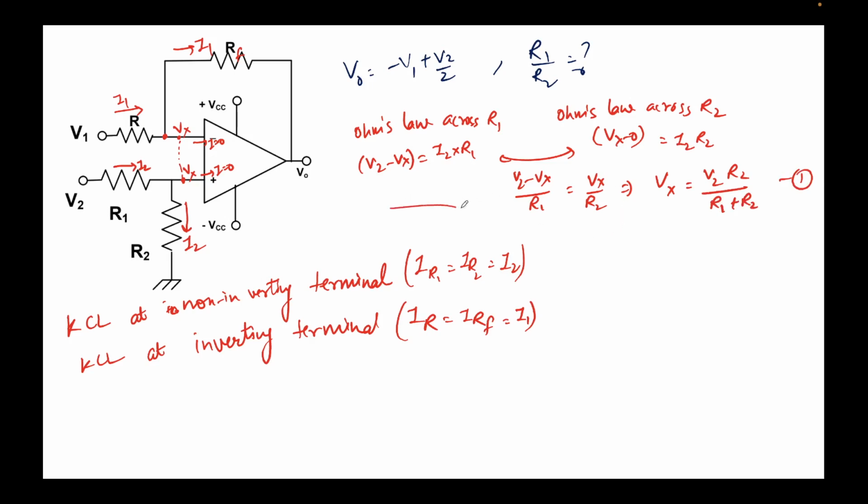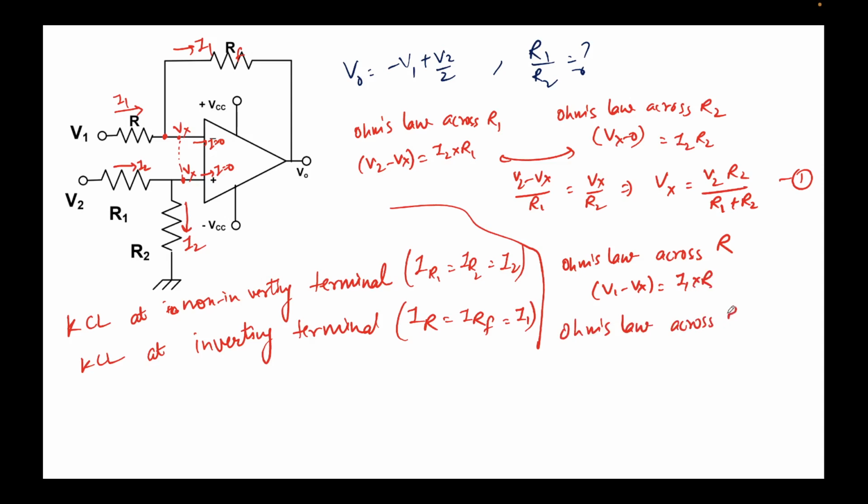Now let's create some space. We'll write Ohm's law across the resistor R. I can simply write V1 minus Vx equal to I1 times R. Similarly, across RF, the potential drop Vx minus V0 equals I1 times RF.